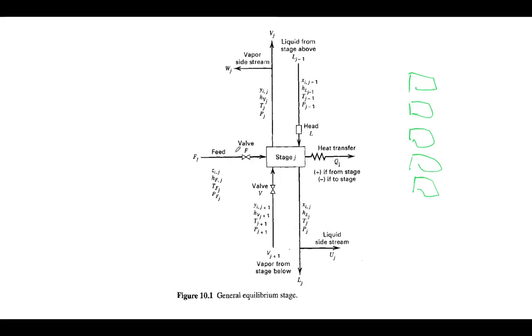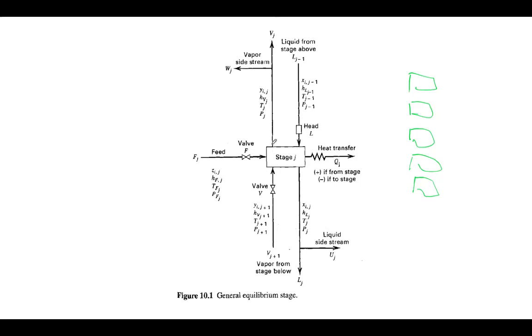F_j will have properties such as the composition z_ij, z of component i, where for example there are 5, 6, or 7 components, and we also have the enthalpy of the feed, the temperature, and the pressure. So these are the properties that we have with the feed.